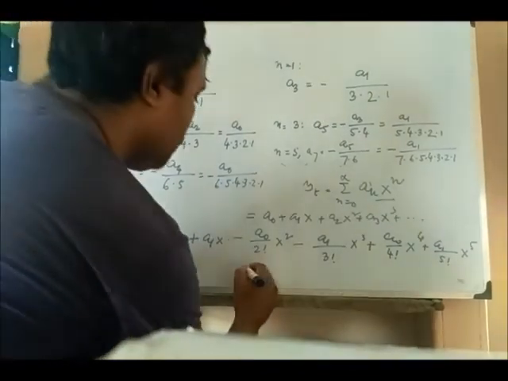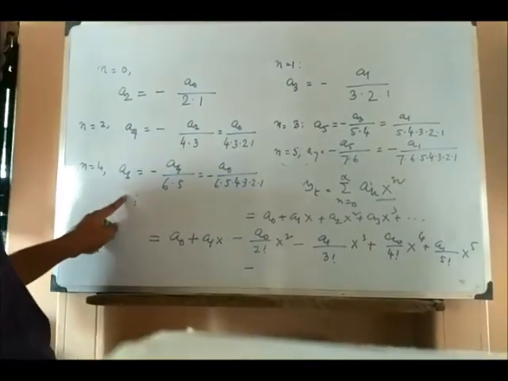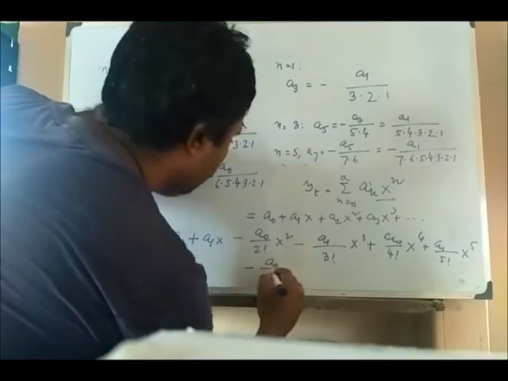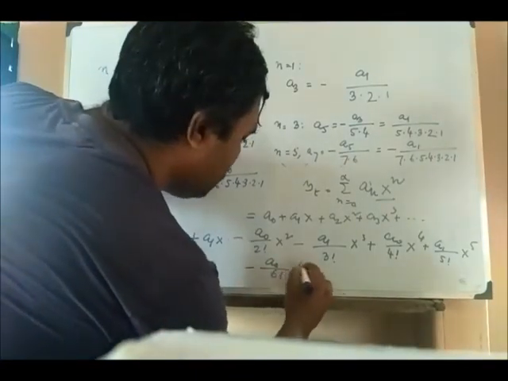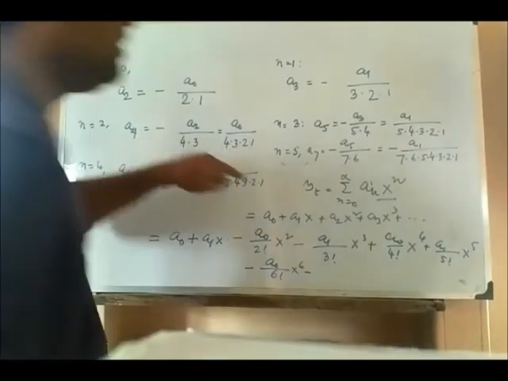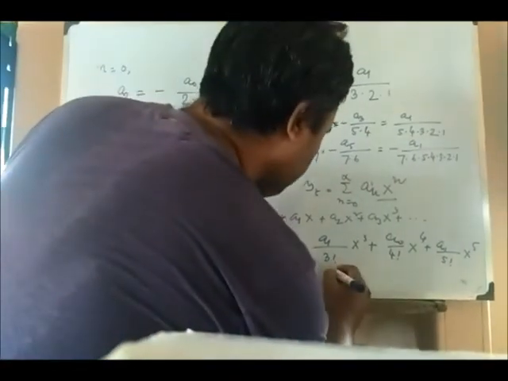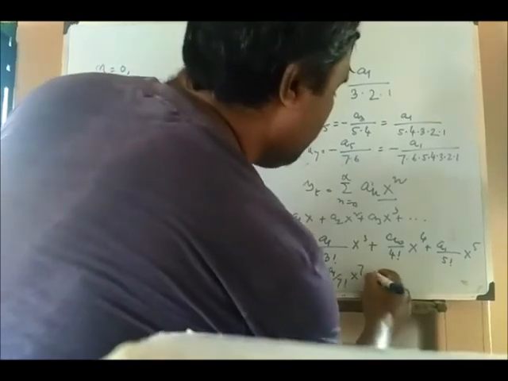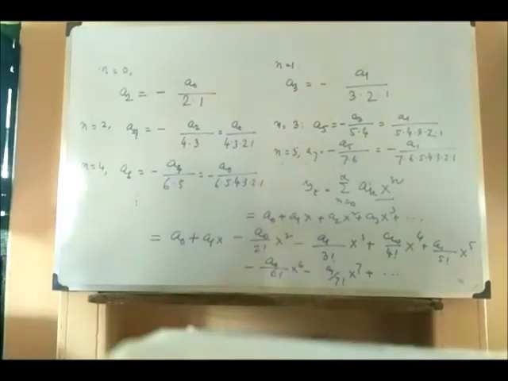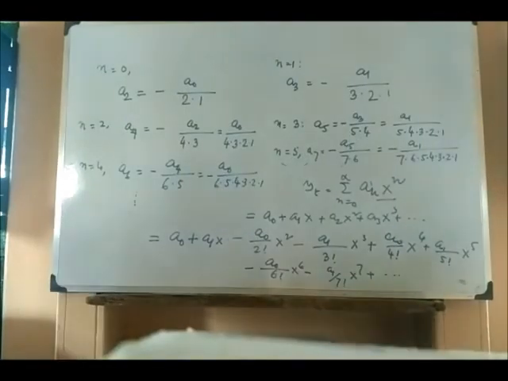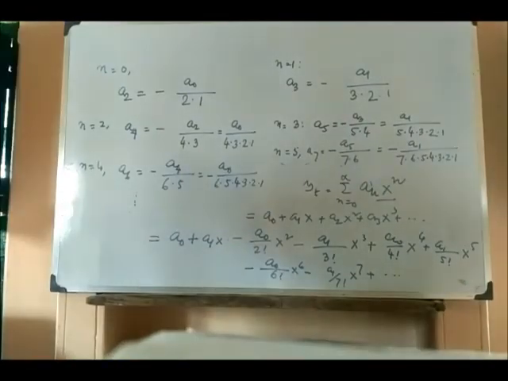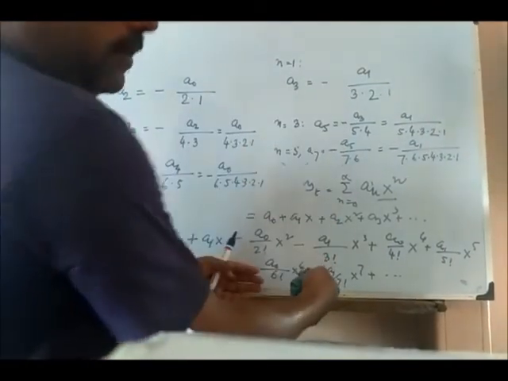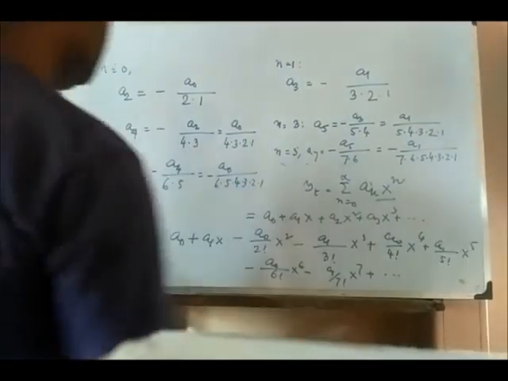Now minus, this will be a6, so this will be a0 by factorial 6 x to the power 6, minus a1 by factorial 7 x to the power 7, plus and so on. Okay, so you are getting term by term and you are putting the value of each term, you will get the general solution.